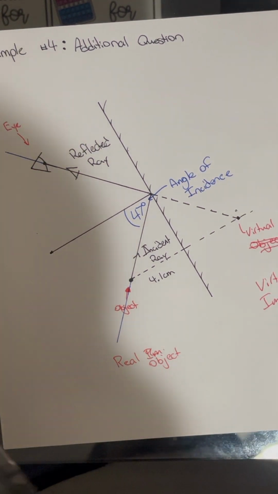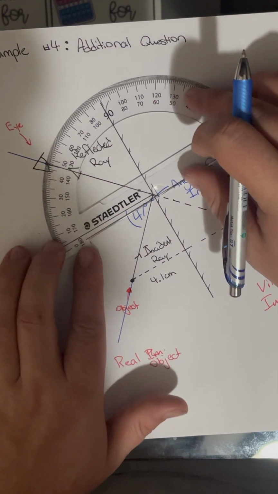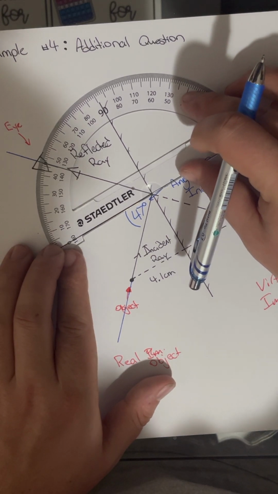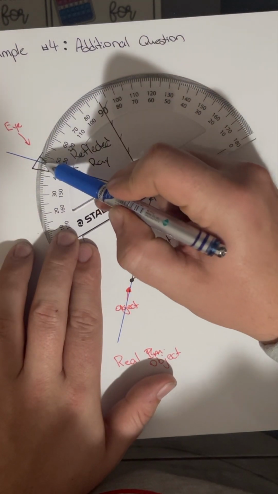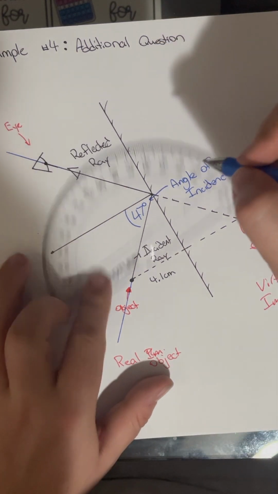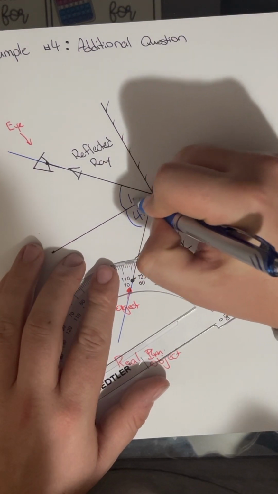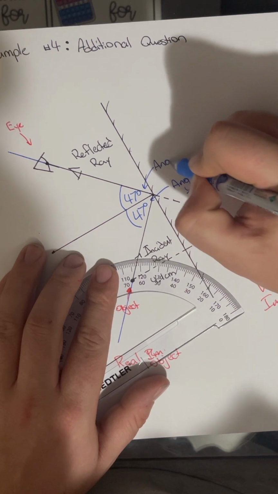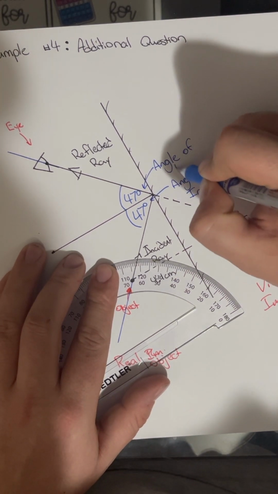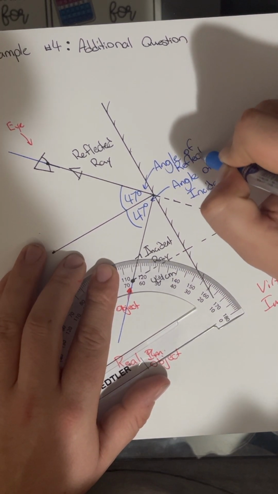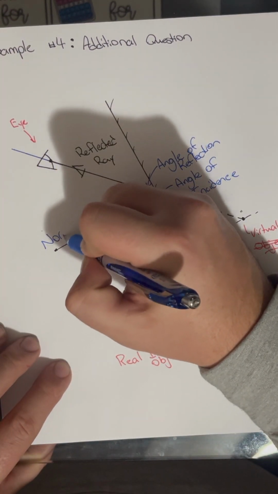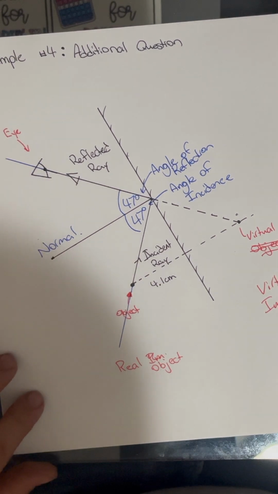Then assuming that I did everything correctly, my angle of reflection should also be 47 degrees. Here, if I look, it is at 47. So that is 47 degrees, angle of reflection. Make sure you label your normal, and the question is complete.